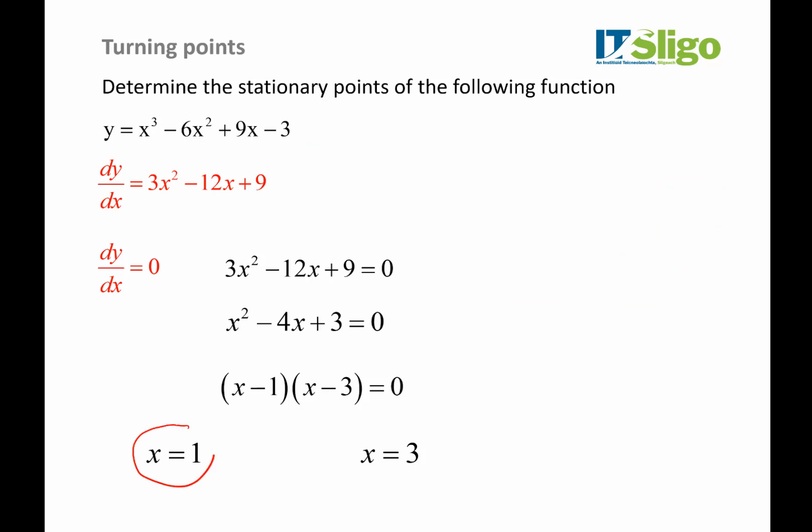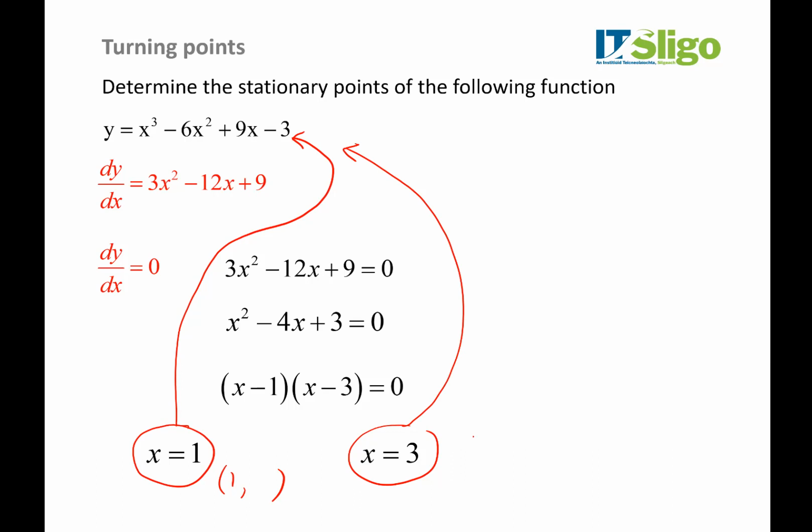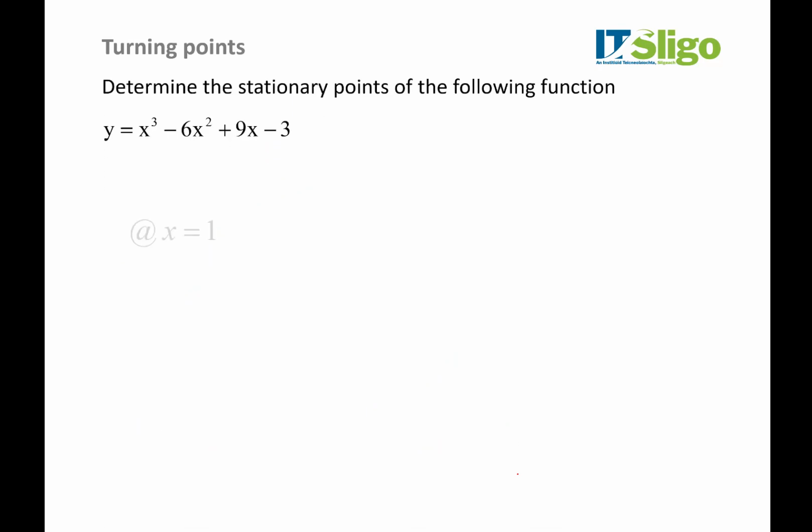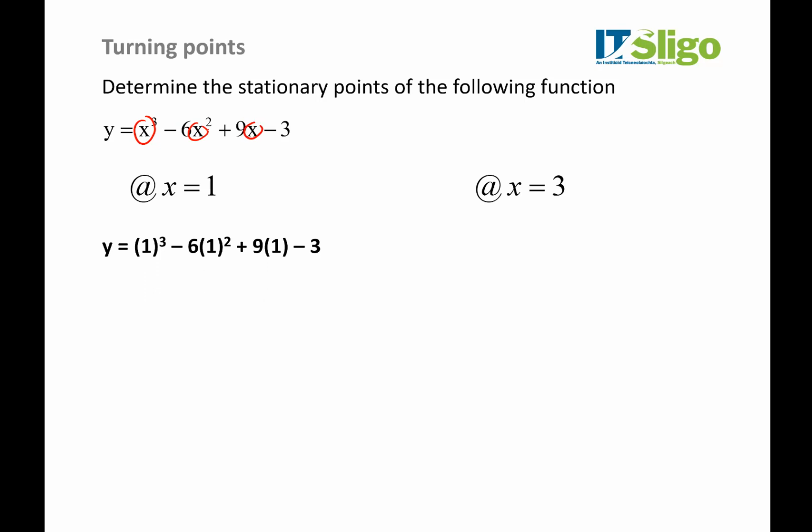We feed x is equal to 1 back into the original function. That'll give us 1 and a y value. And then we feed x is equal to 3. And that'll give us another turning point. So at x is equal to 1, feed 1 in here for x.